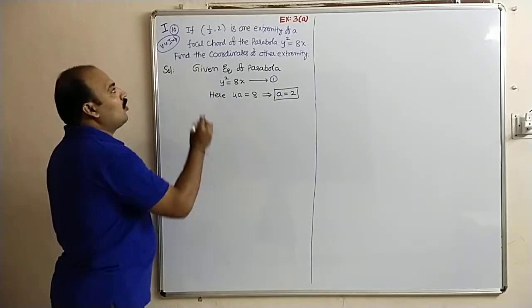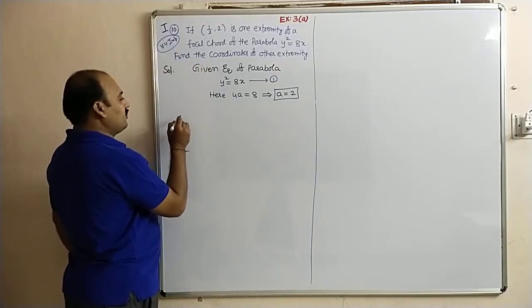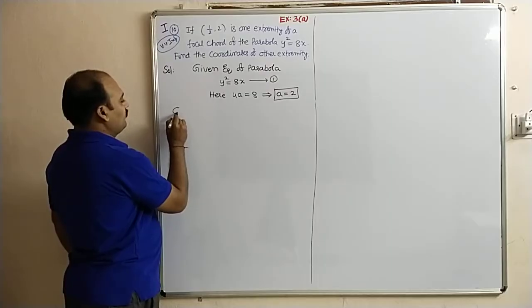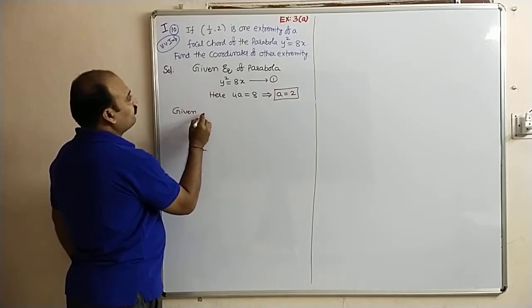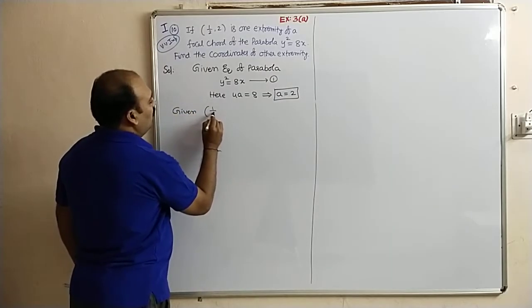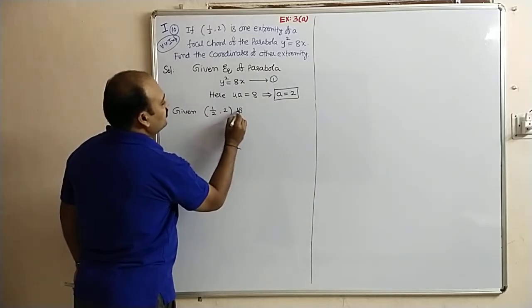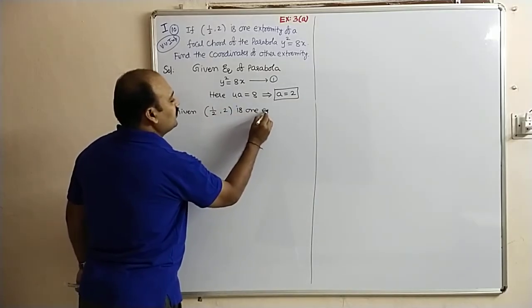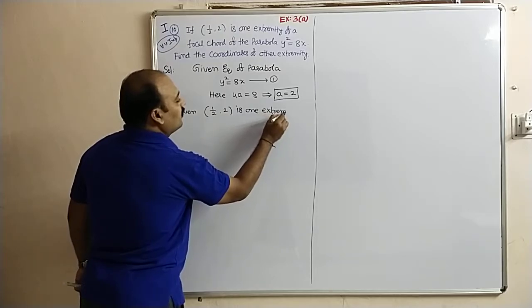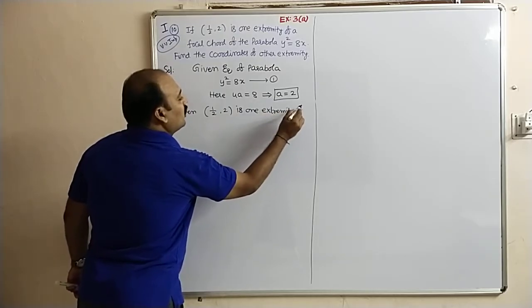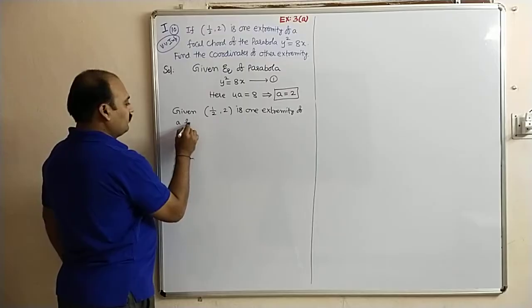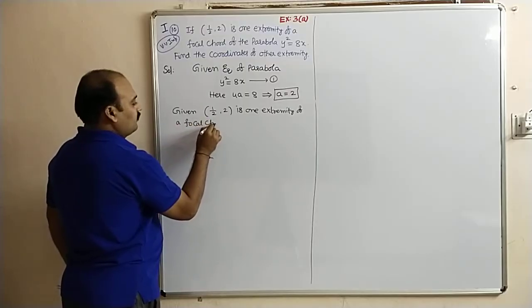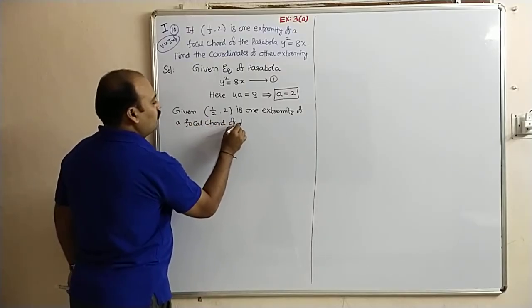After that, one extremity of the focal chord is given. Given (1/2, 2) is one extremity of a focal chord of the parabola.